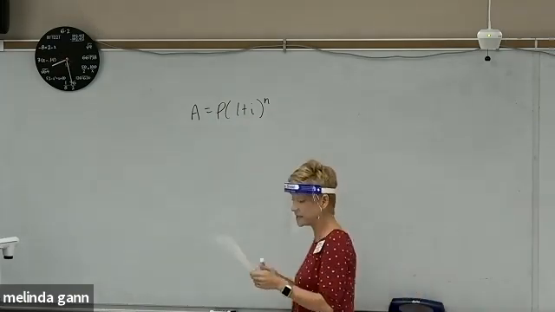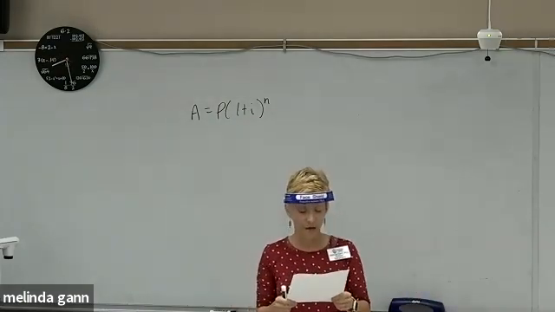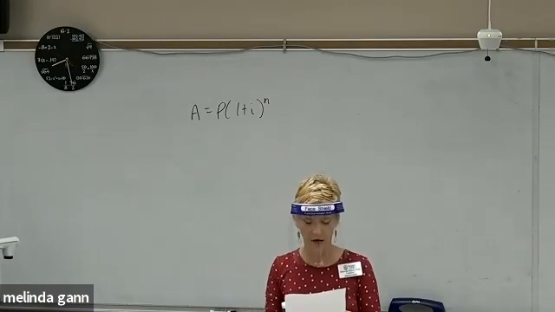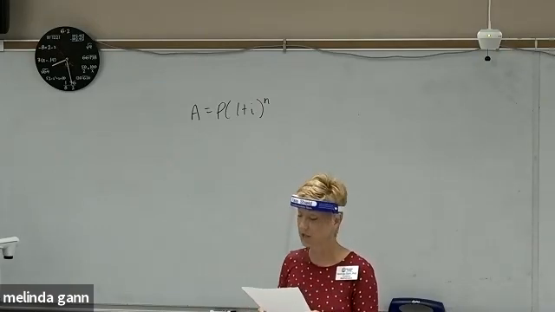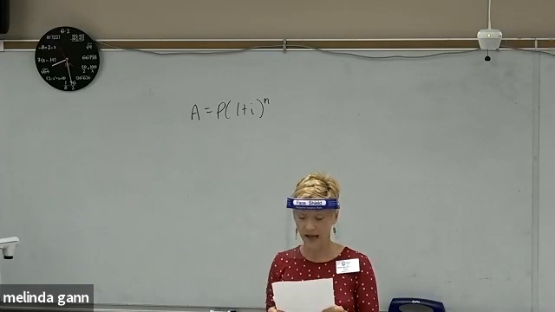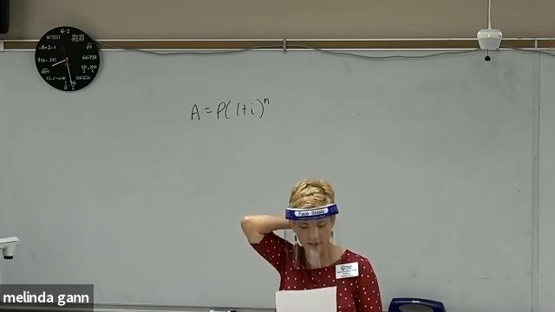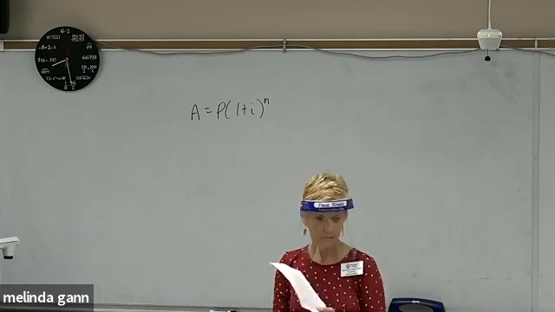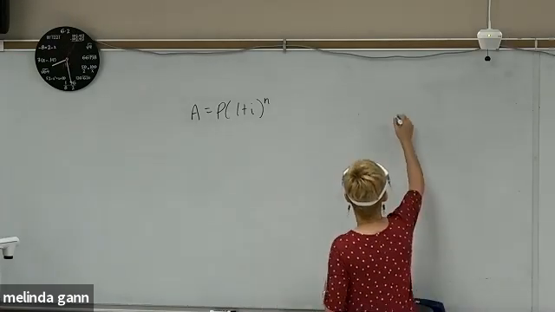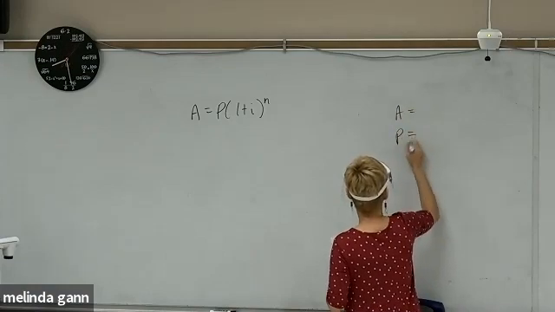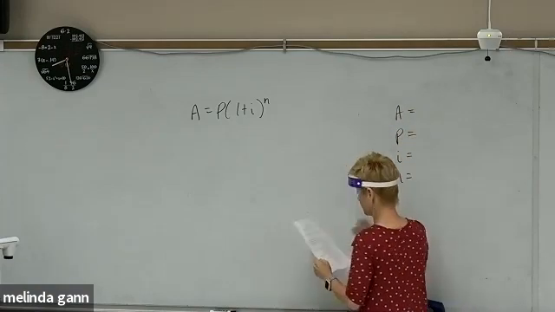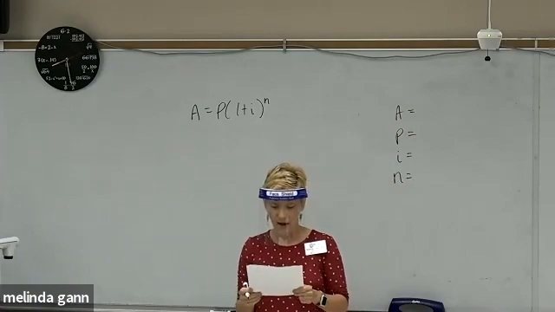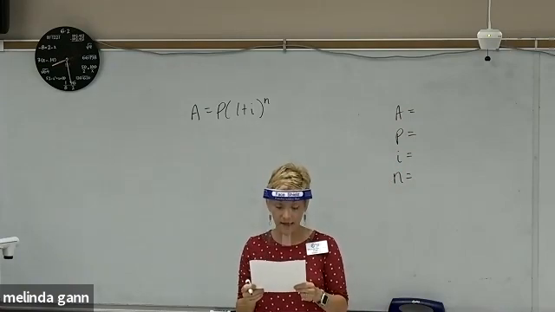It says a deposit reaches a balance of $3,422.91 after 6 years. If the account was earning 2.2% compounded monthly, how much was the initial deposit? So I've got my A and my P and my I and my N. Now, it says the deposit reaches a balance.